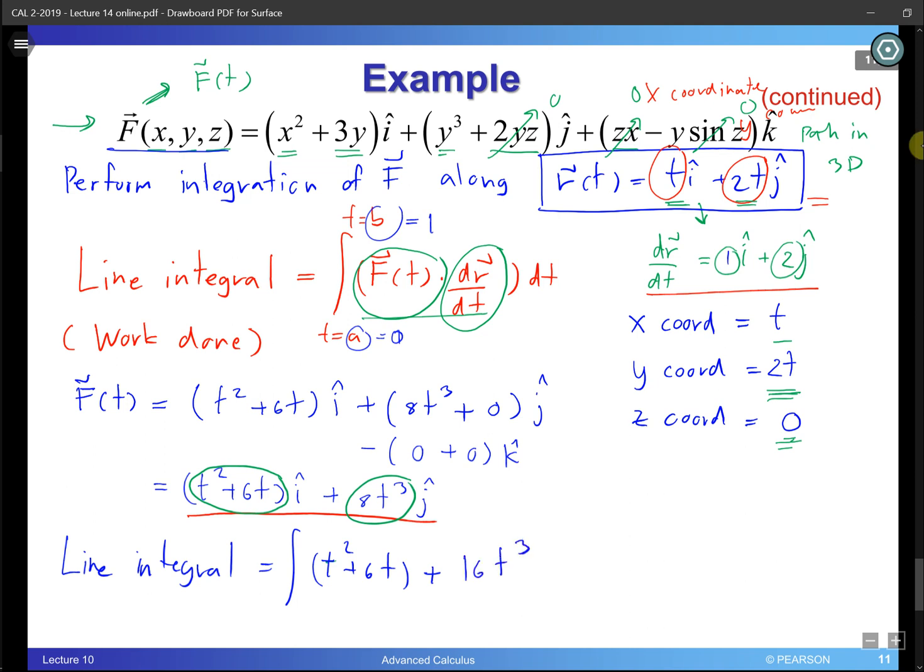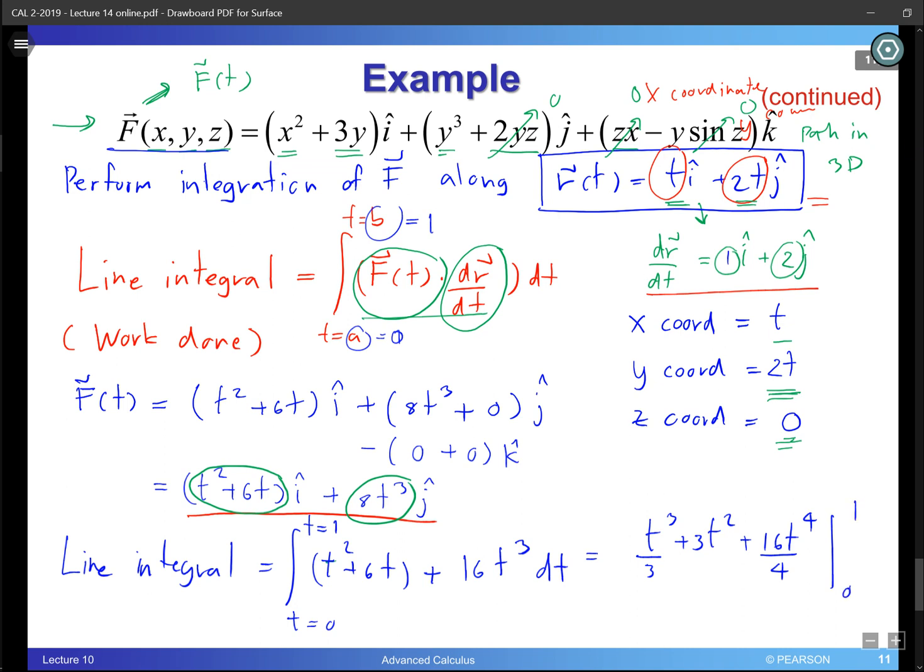And that's it. We need to integrate this with respect to time, starting from time equal to 0 to time equal to 1. And this is equal to t cubed plus t squared, 3t squared, plus 16t to the 4th divided by 4. Oh, by the way, we have this divided by 3 right here. So we have to evaluate this at 0 and 1.